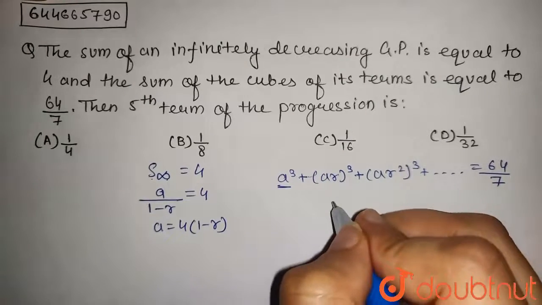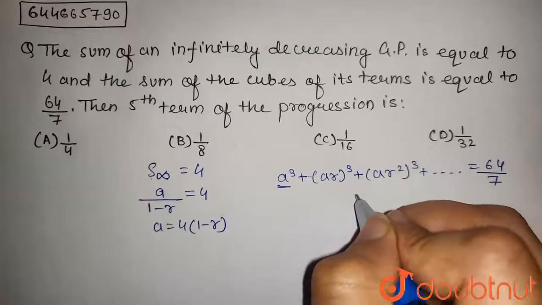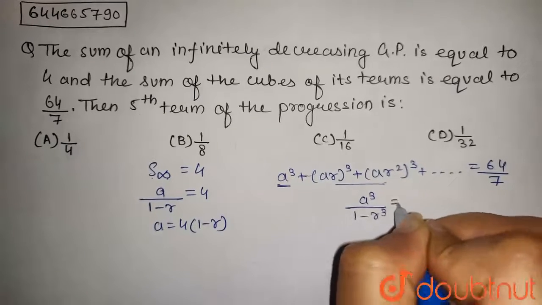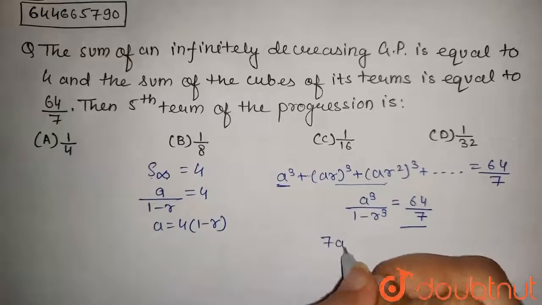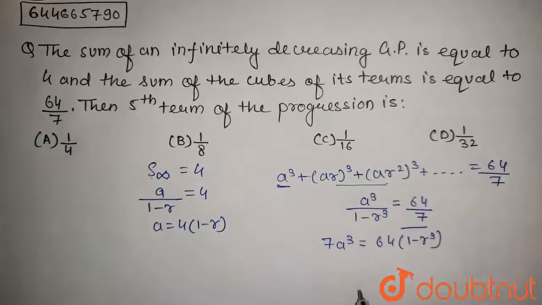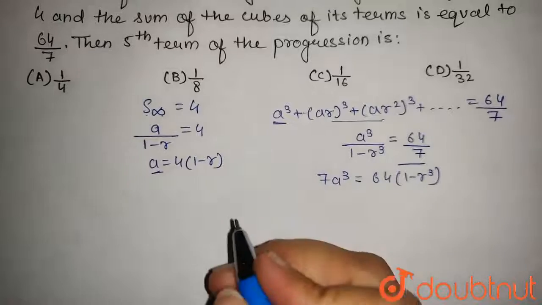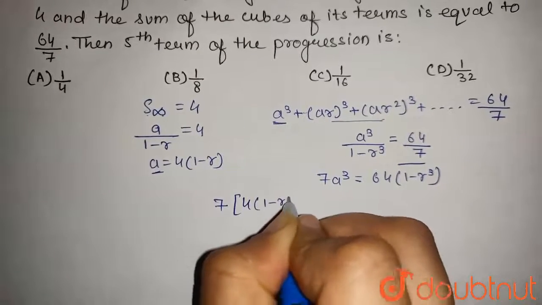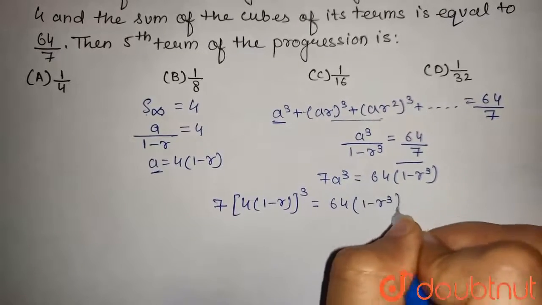So by this formula, the sum of this GP will be a cube upon 1 minus r cube, which is equal to 64 by 7. From this we get 7a cube is equal to 64 into (1 minus r cube). Now putting the value of a from this, we get 7 into 4 cube into (1 minus r) cube is equal to 64 into (1 minus r cube).